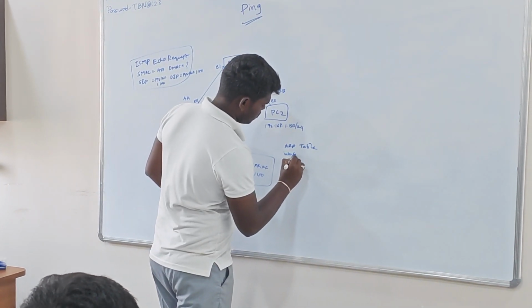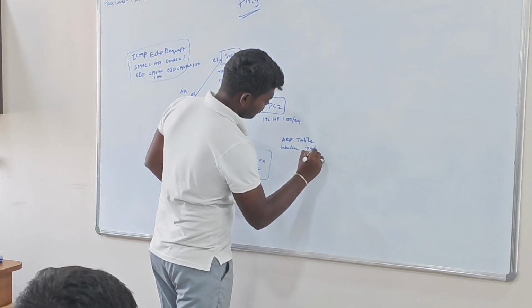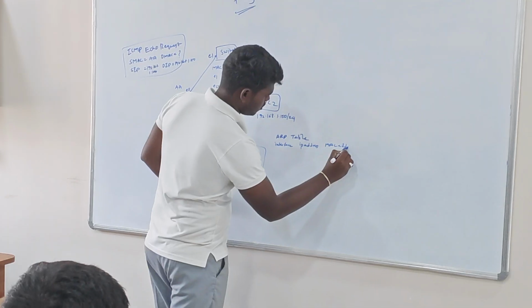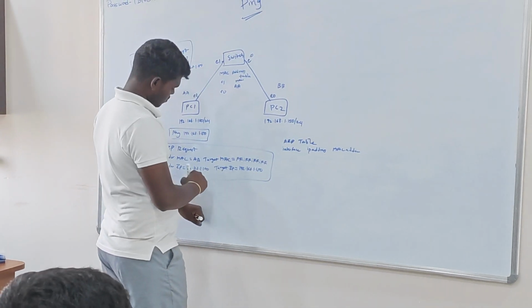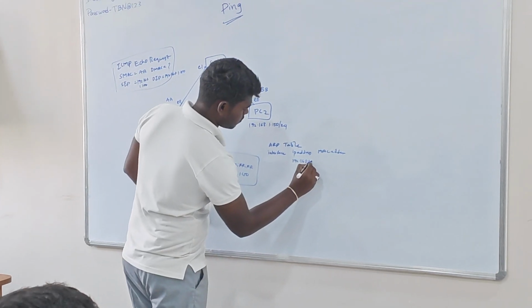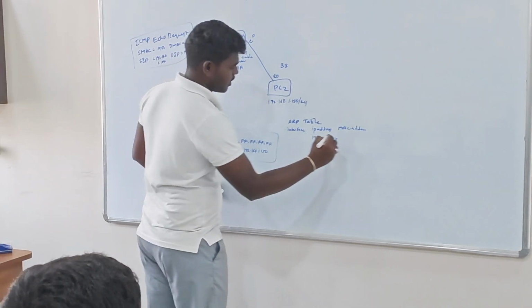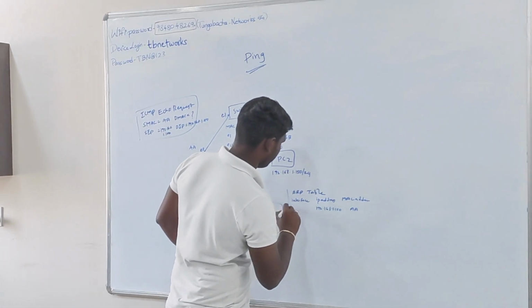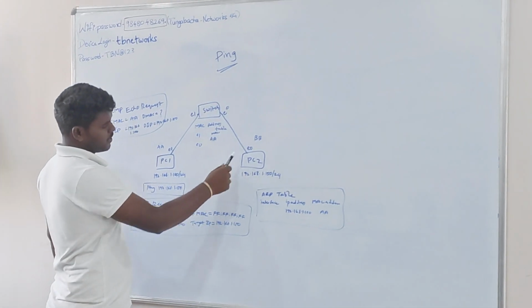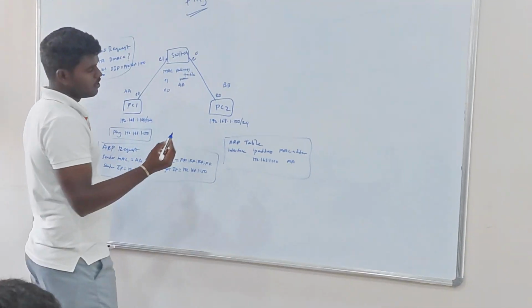Interfaces, IP address, MAC address. Here the IP address is 1.100 and the MAC address is AA. PC2 learns this in its ARP table, and now PC2 will generate the ARP reply.